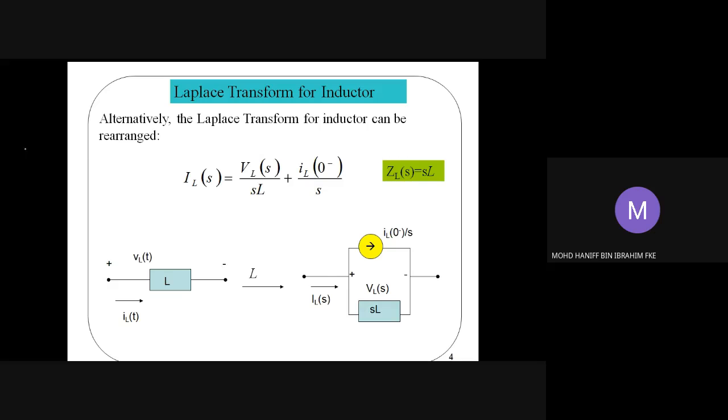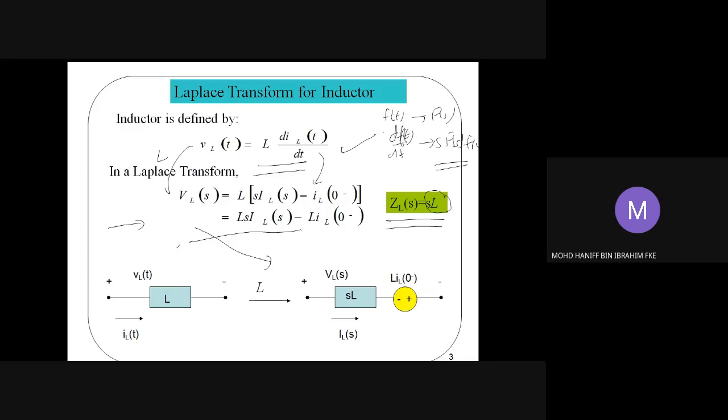Okay, these equations here are basically obtained from the previous equations. We need to write the I_L(s) in terms of the V_L(s). So let's say we have V_L(s) equals sL I_L(s) minus L I_L(0-).